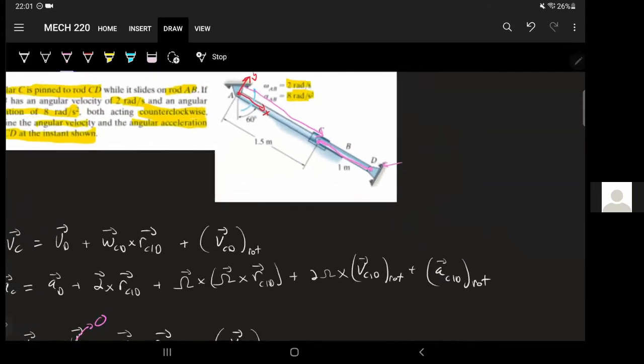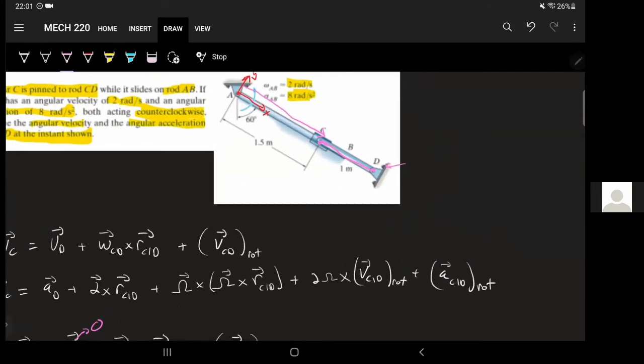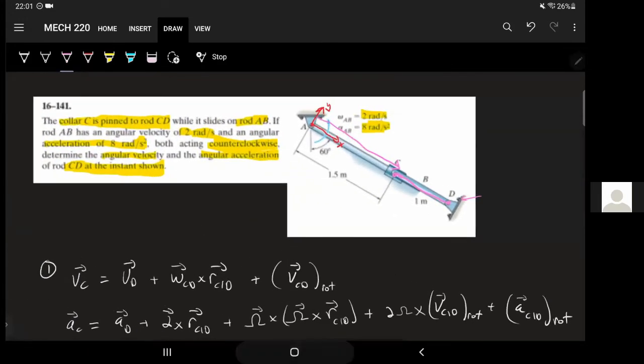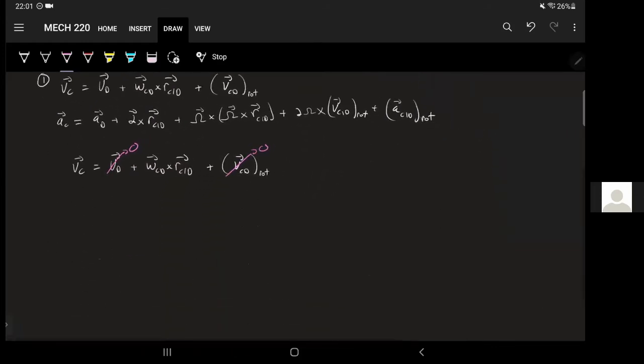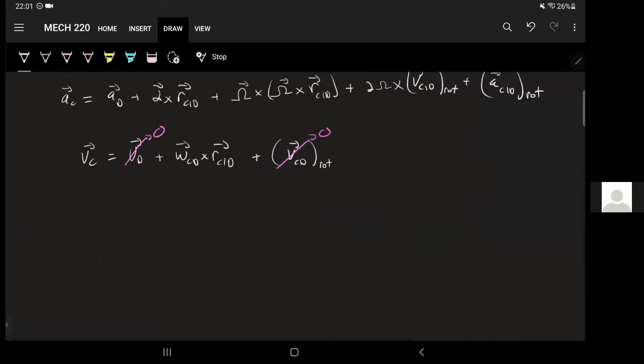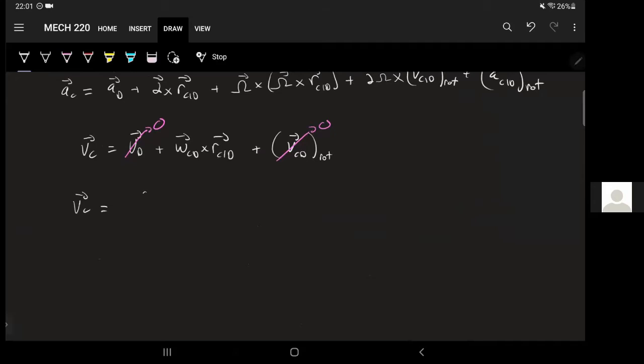And I also know that CD has the point C pinned, which is what is said here. Therefore, I can also say that's 0.